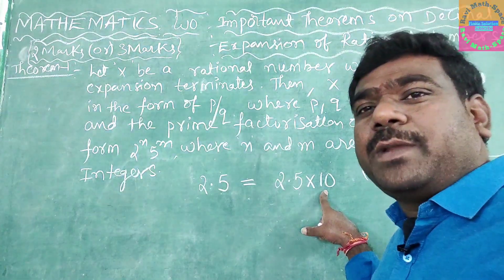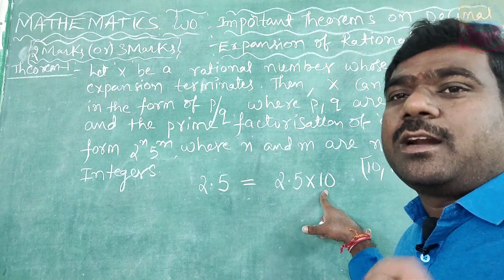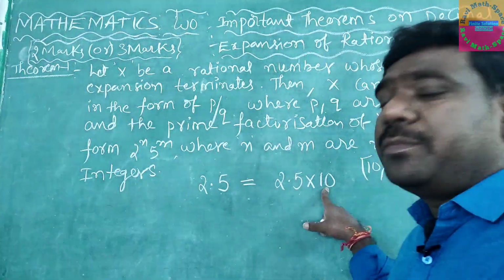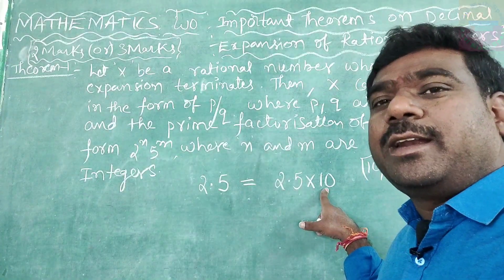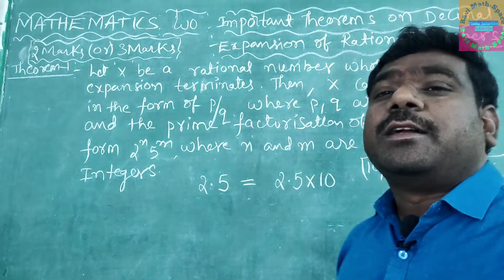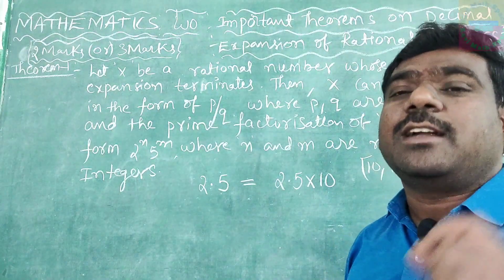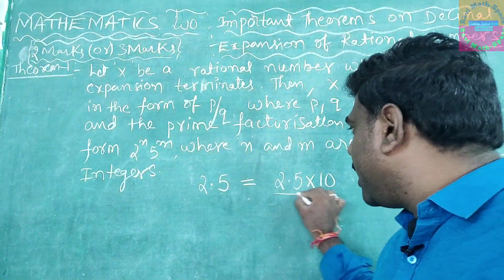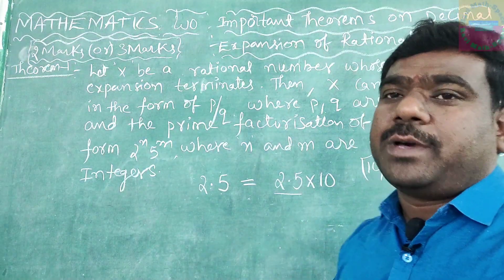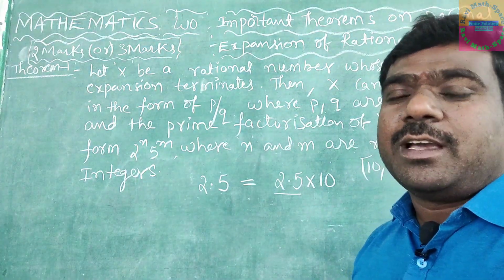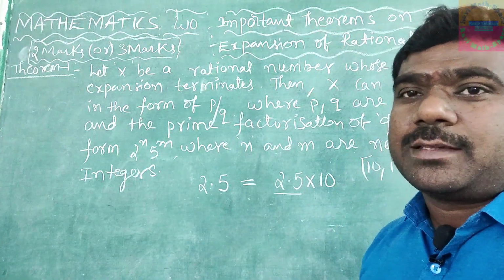Here we should multiply only by 10, not 100, not 1000. How to take this special number, either 10 or 100 or 1000, is based on the decimal places in the decimal number. See here, 2.5 is a decimal number. We have 1 decimal place.